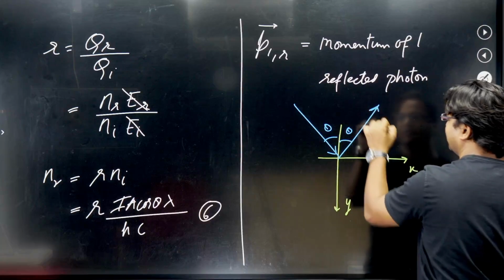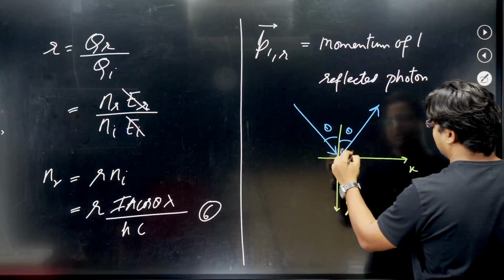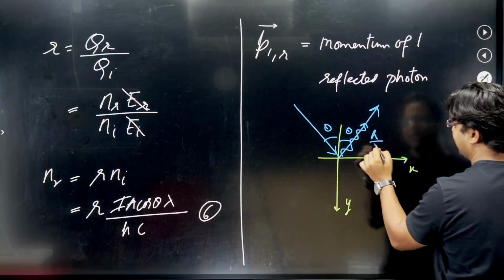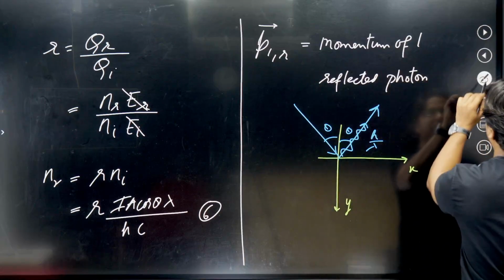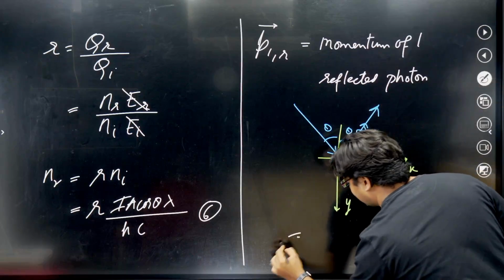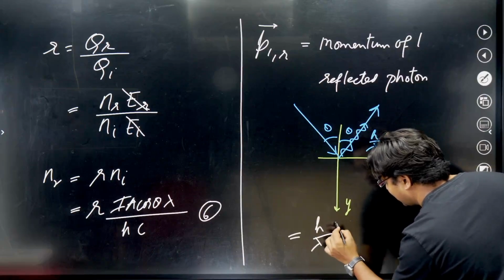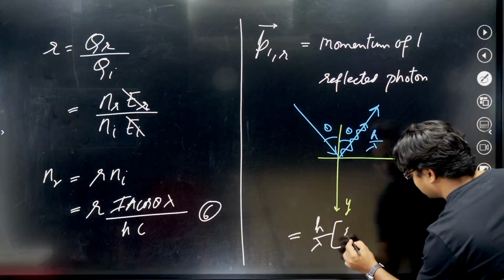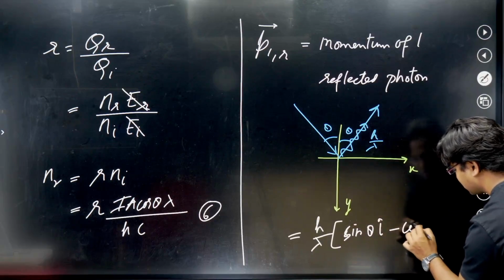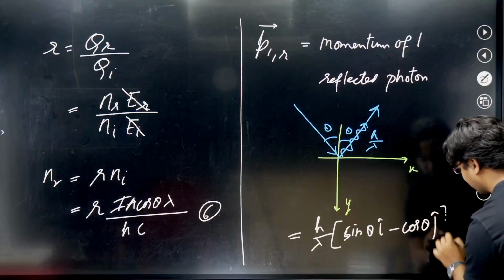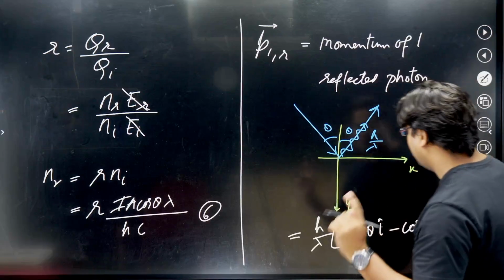The magnitude of momentum would be h by lambda. So I will write this vector as h by lambda into, pay careful attention, sin theta i cap minus cos theta j cap. Keep in mind that we have assumed the y direction downwards. So this is the momentum of one reflected photon.